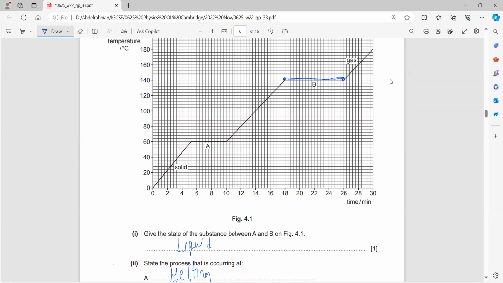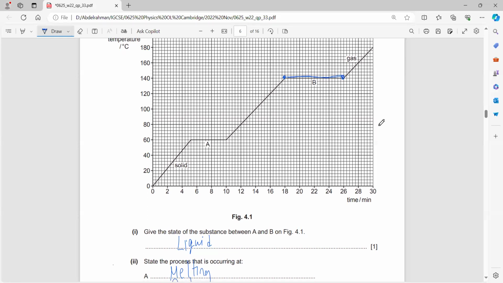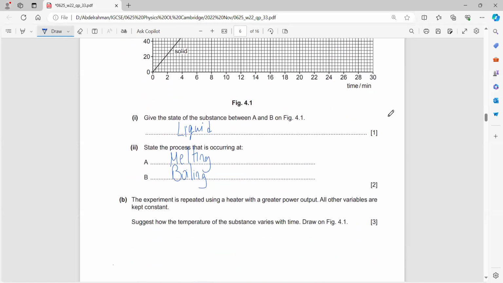And we know that evaporation can occur at any temperature, even if we have a cold liquid. It can still evaporate. But boiling must occur at a specific, constant temperature. I cannot boil water, for example, at 50 degrees Celsius. I have to boil water at 100 degrees. That's a constant temperature. I cannot change that temperature. So it has to be boiling in this experiment.